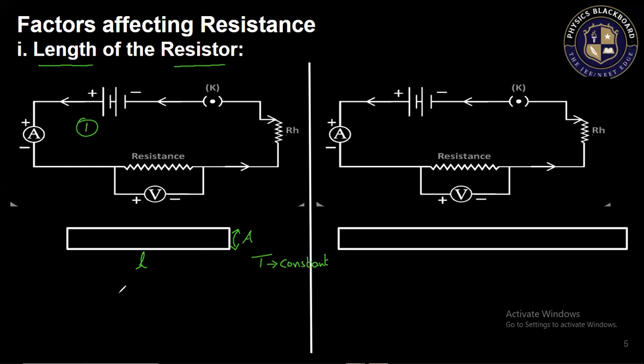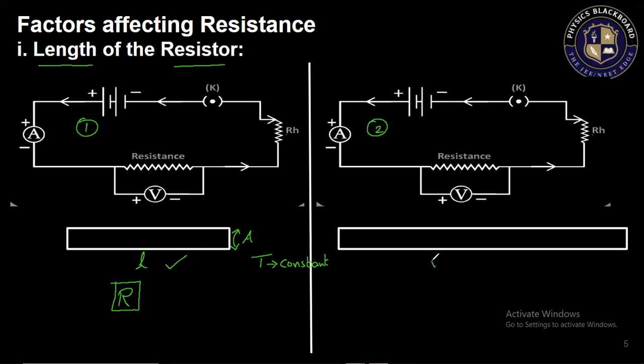Now, let's say the resistance of this resistor is R. Assume that the resistance of the resistor taken here in the first case, whose length is L and area of cross section is A, and the temperature remains constant, is considered as R. Now if you see the second case, the resistor we have taken is of the same material as the resistor taken in the first case.